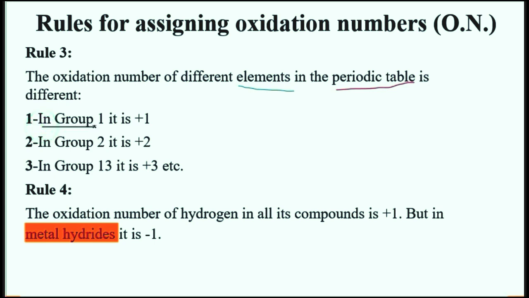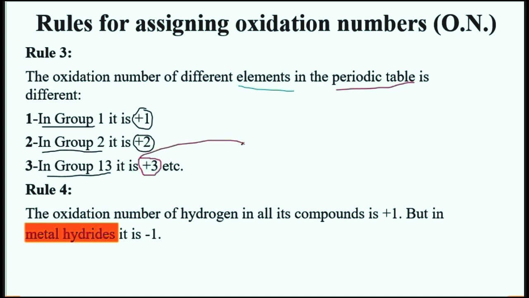The oxidation number of group 1 is +1. In group 2, the oxidation number is +2, and in group 13, the oxidation number is +3, and so on. Students, are you clear about this point? The oxidation number of group 13 is +3.